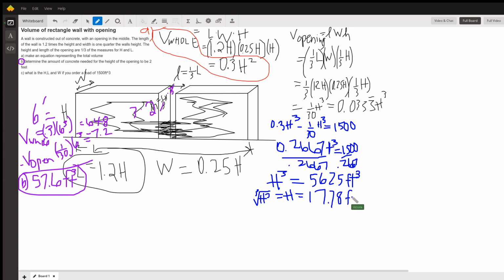Remember, I took the cube root, so we're back to feet. So the answer to part C is that the height is 17.78 feet. Now, if the length is 1.2 times that, the length is 21.34 feet.